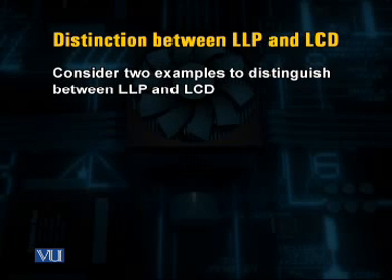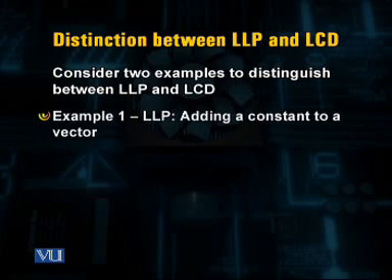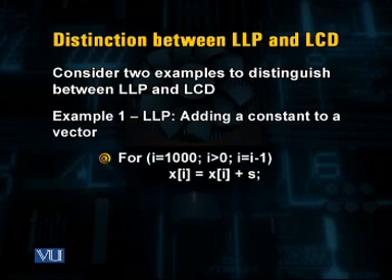In the first example, we will be considering the same previous situation, that is adding a constant to a vector, and for this purpose you can see that we can consider this loop over here, which is a for loop, which is to be repeated for 1000 times to add a scalar into the array which has been stored at 1000 locations in a sequence.